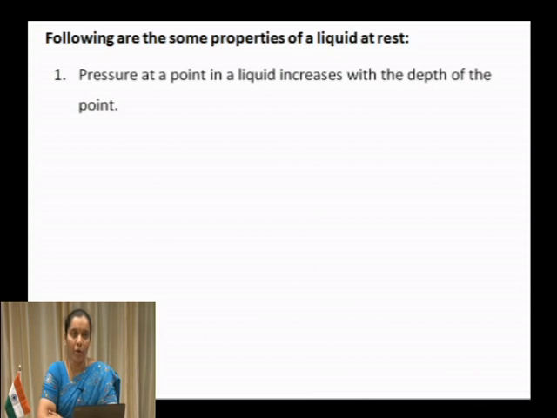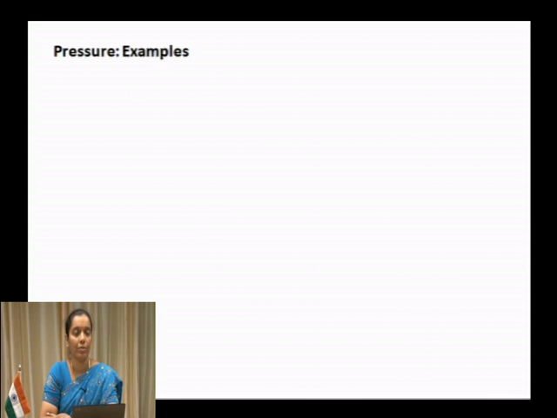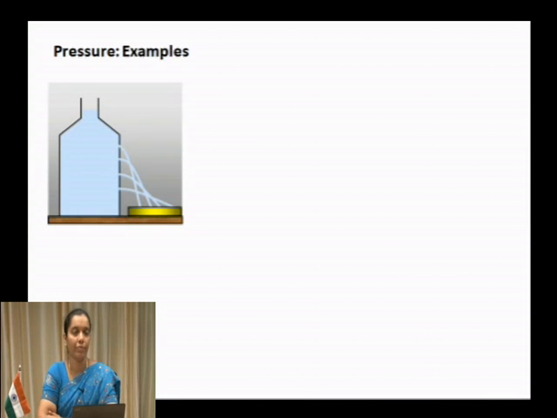Pressure at a point in a liquid increases with the depth of the point. This can be shown here from this slide. Here we have taken some liquid in a jar and we have made holes at different heights.